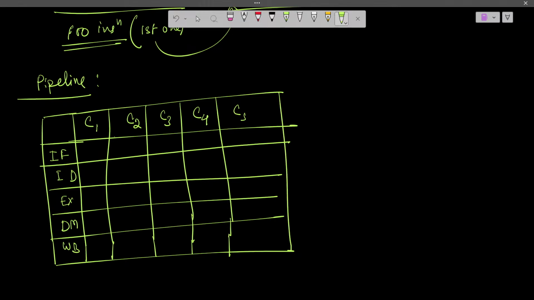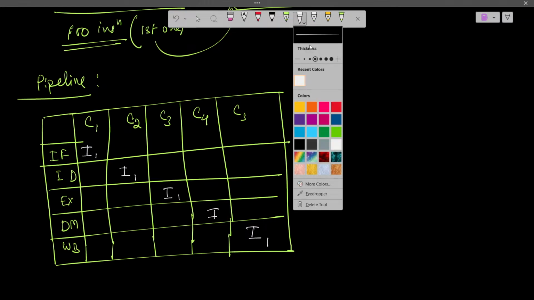So let's say first I1 is working. So we'll have I1 here, I1 here, I1 here, I1 here, and then I2 comes. Let's try a different color.